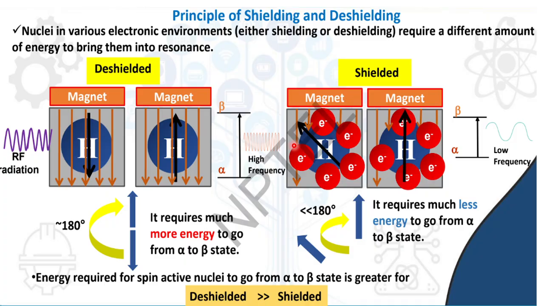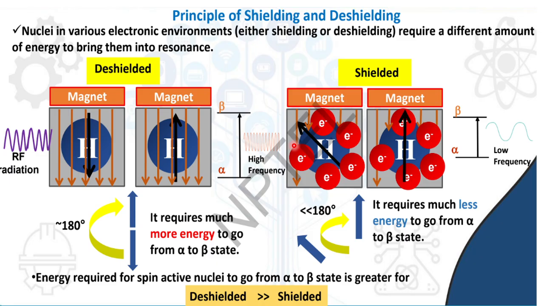Now here are two other important terms: one is shielding, one is deshielding. What we have learned till now is that because of nuclear spin we are getting the NMR data and it is generating a magnetic moment.